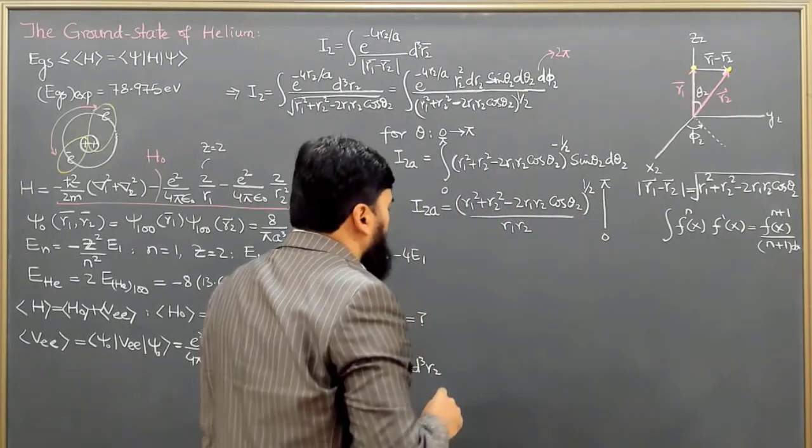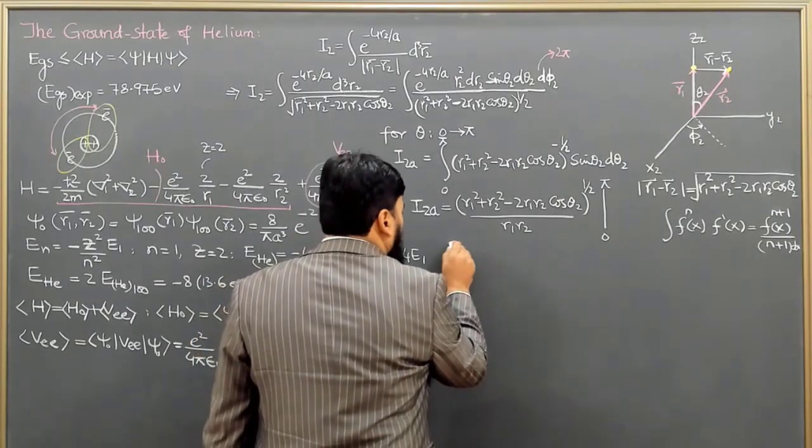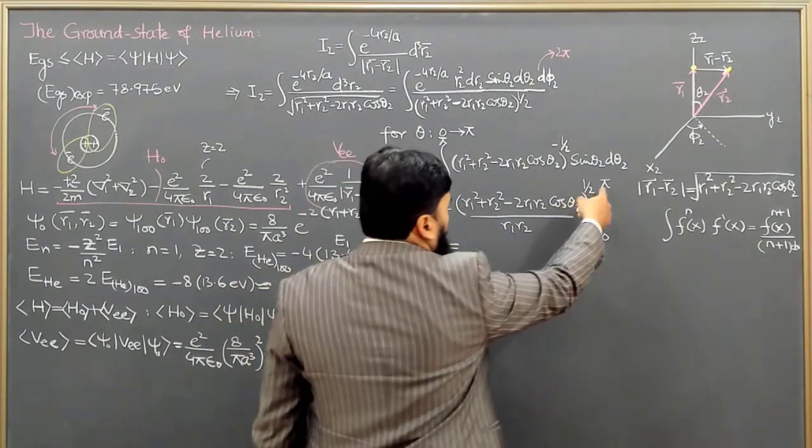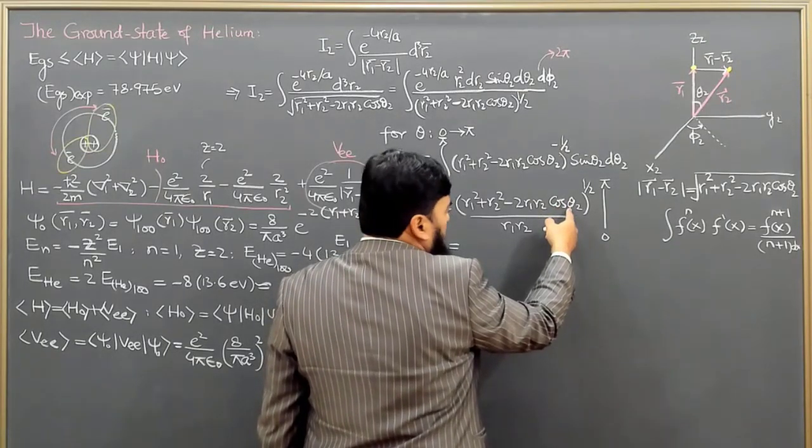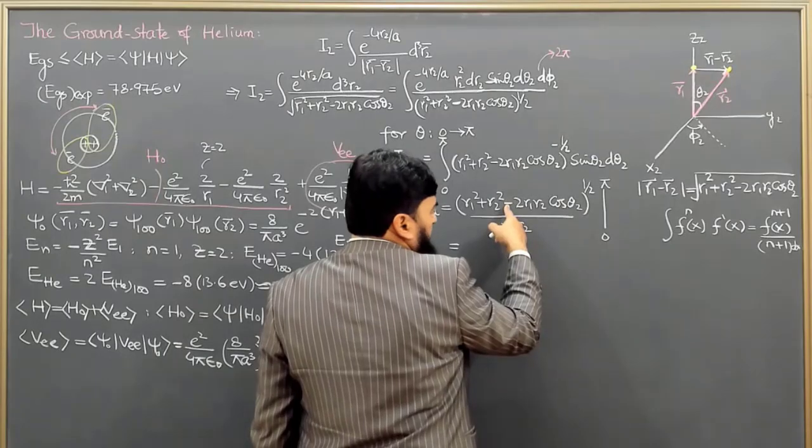So first we will put the limit pi. So cos pi is equal to minus 1. Minus 1 will make this thing plus.